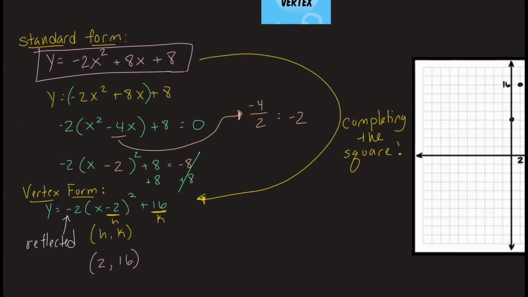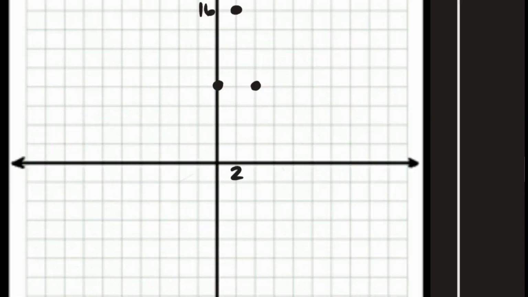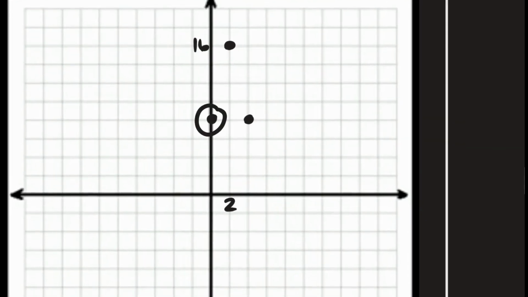So I just quickly plugged in 0 for x. 0 minus 2 is -2. -2 squared is 4. 4 times -2 is -8, plus 16 is 8. So I have a y-intercept right here of 8, 0. I'm sorry, 0, 8.